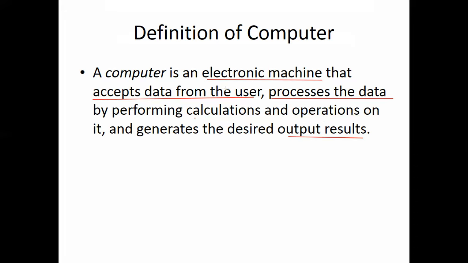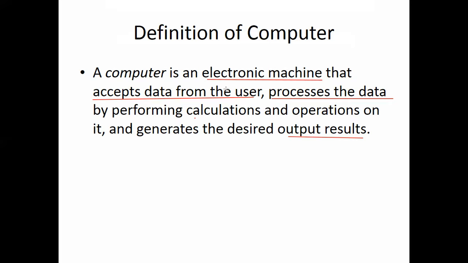These operations which make up the processing could be things like storing the inputs that have been entered. It could include comparing the inputs. It could be adding the inputs. It could be subtracting. So when we talk about processing, we're talking about working on the data, manipulating it, working on it one way or the other.